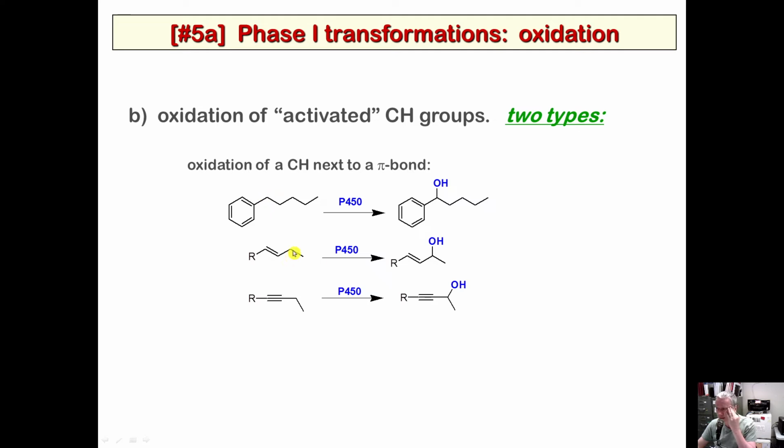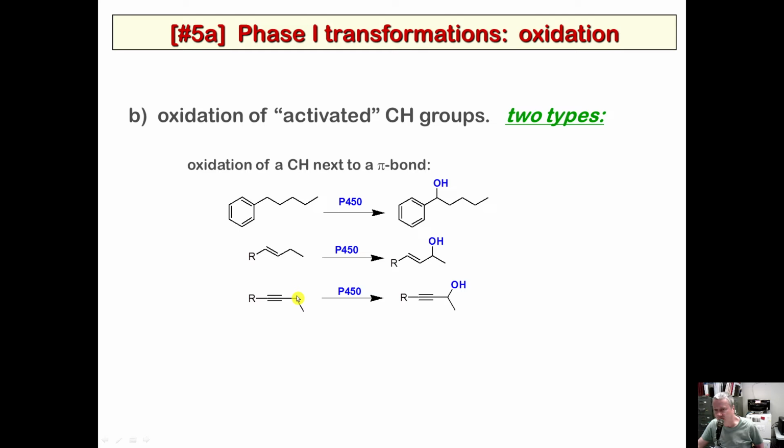Okay, and alkenes do this also. So that position next to an alkene, if P450 takes off the H atom, you're left with a carbon radical, and that radical is also resonating with the alkene. So that explains why this position is activated as well to hydroxylation. Also alkynes.